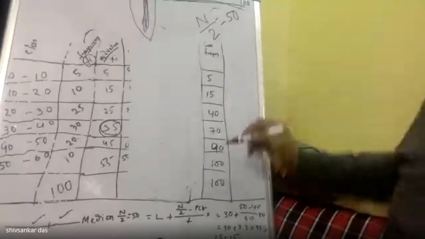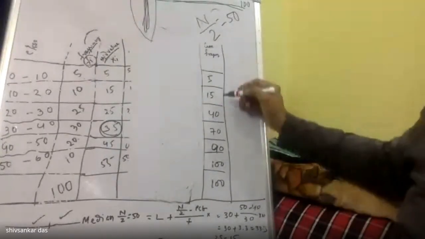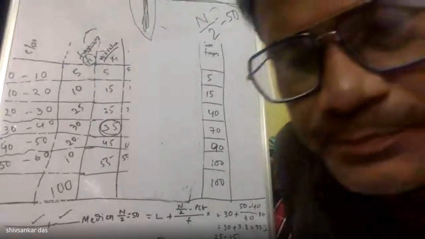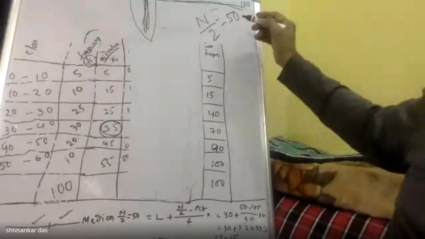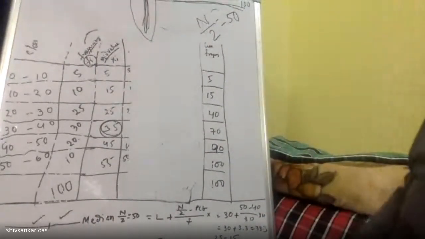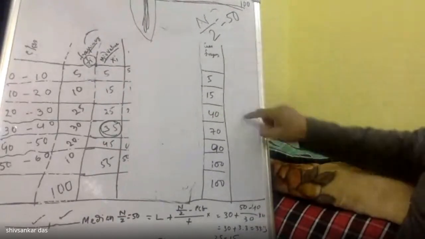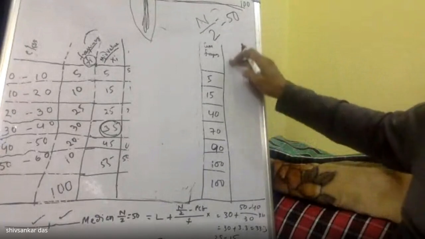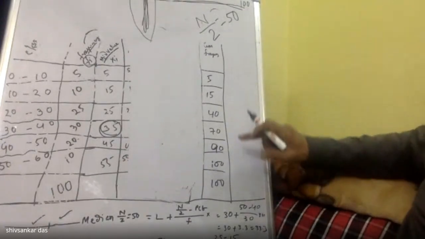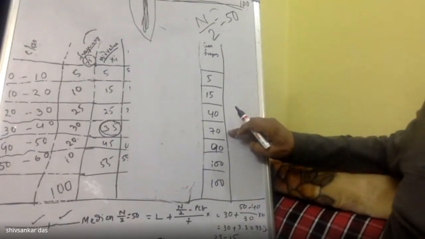So we'll see where 50 is in the cumulative frequency. Where is 50 in the cumulative frequency? It is somewhere here.